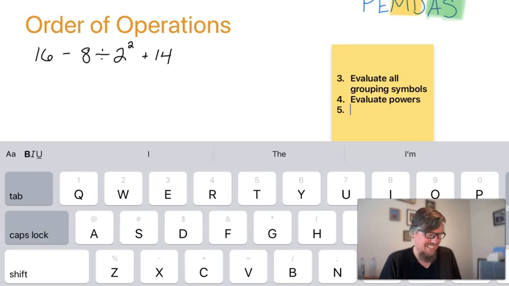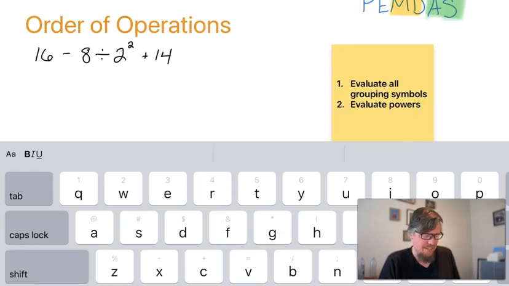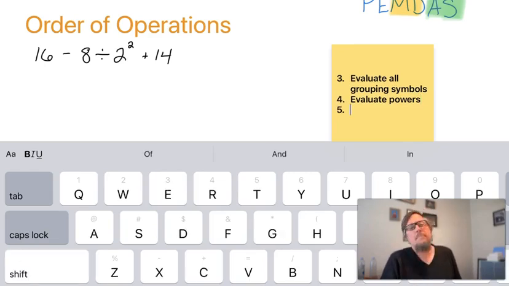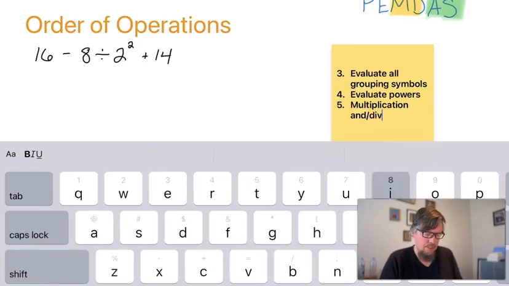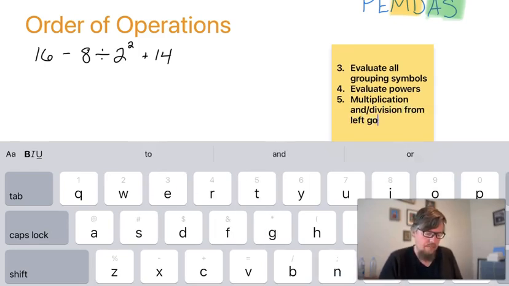I don't know why that's suddenly at number five there. All right, there we go. We're just going to let it ride. The third step is we're going to do multiplication and or division from left to right.